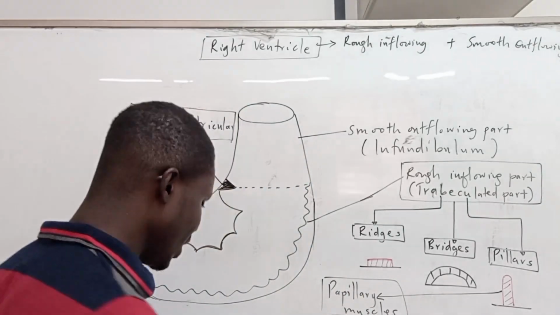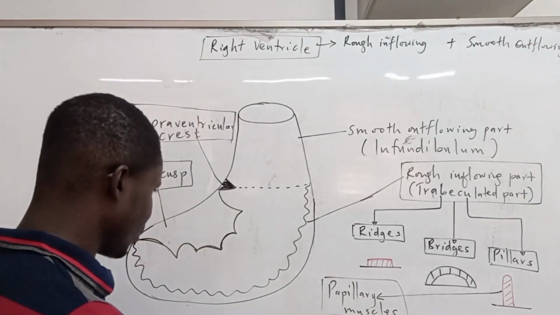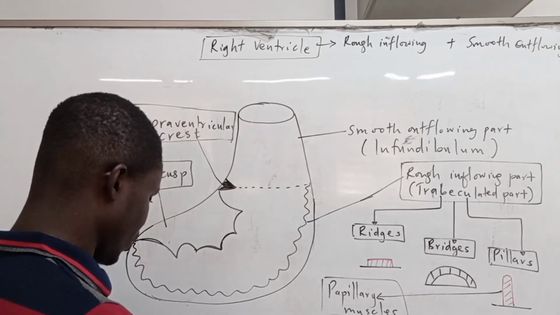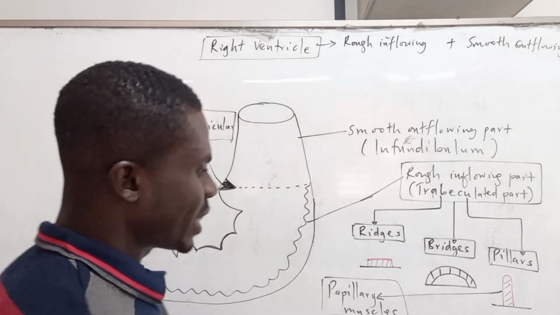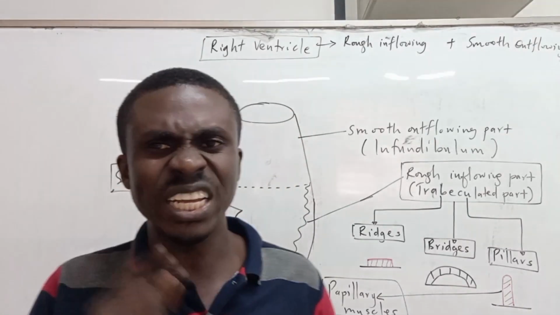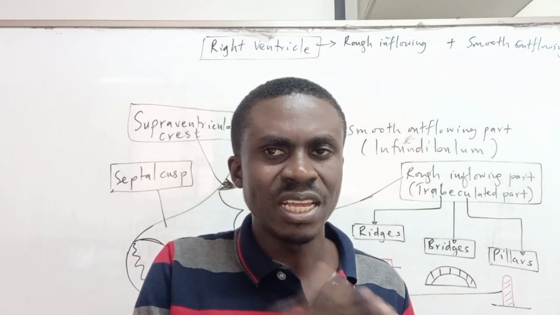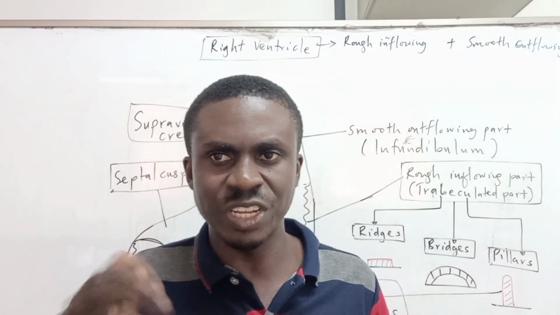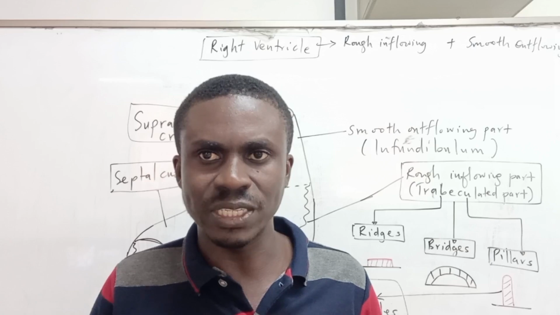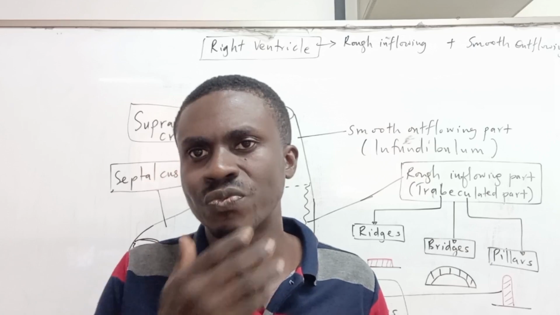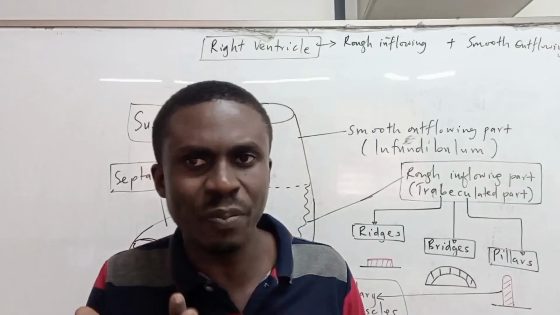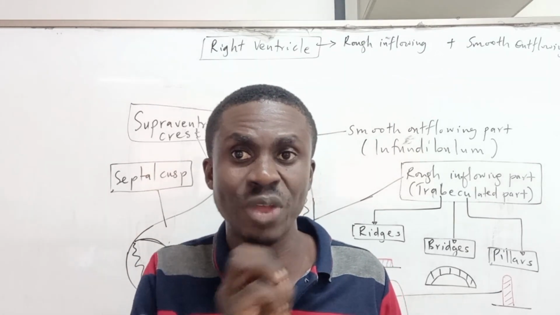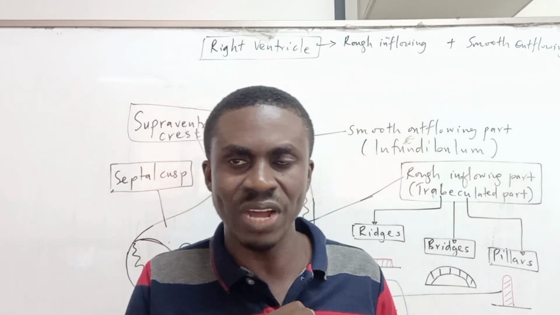Now listen. The number of papillary muscles is a reflection of the number of cusps of the atrioventricular valve. So in the case of the right ventricle, how many papillary muscles are we going to have? Three. Why? Because we have three cusps of the tricuspid valve.